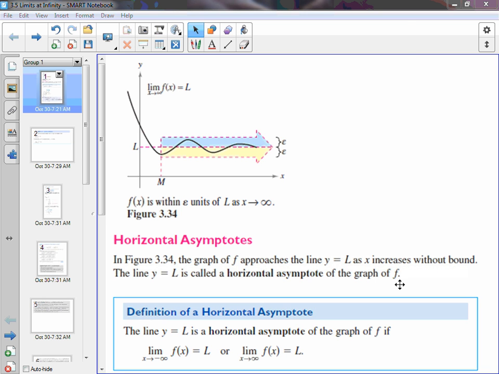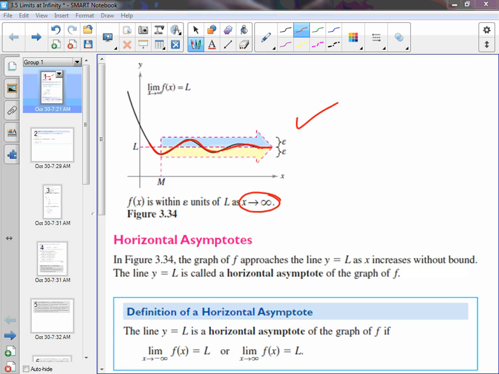So if you look at this one graphically here, as x gets bigger and bigger, as x approaches infinity, it crosses a couple times here, but it finally narrows down, and it's going to get closer to that horizontal line there, and it's going to stay close to that horizontal line. So whatever the y coordinate is of that horizontal line, that's the limit of that particular graph. Okay? And that's as we find the limit as x approaches infinity.